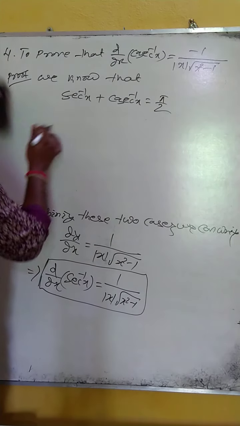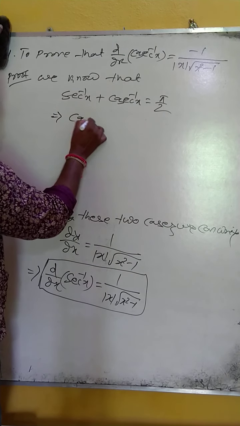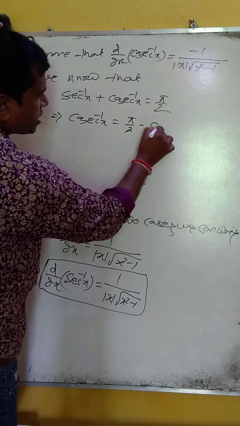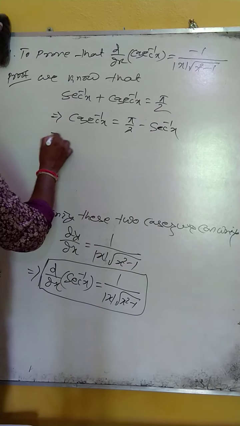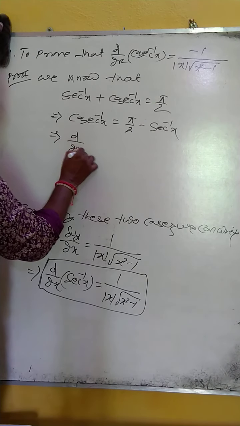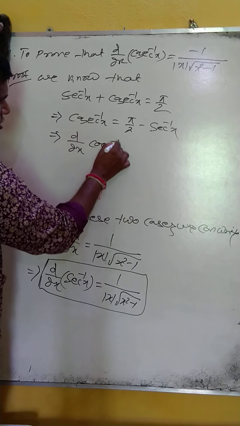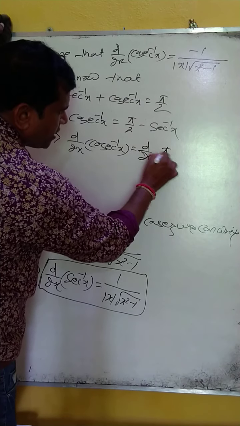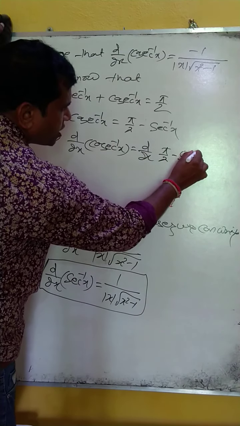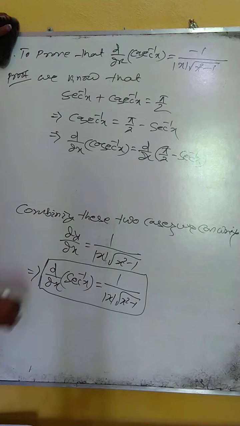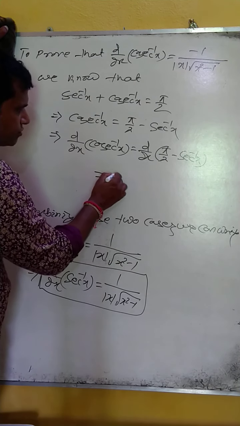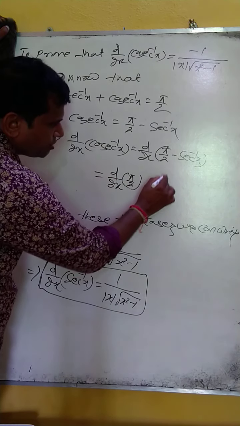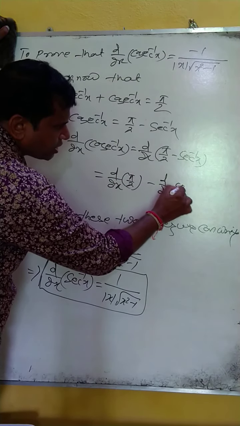Then cosec inverse x is equal to pi by 2 minus sec inverse x. That implies d by dx of cosec inverse x is equal to d by dx of pi by 2 minus d by dx of sec inverse x.